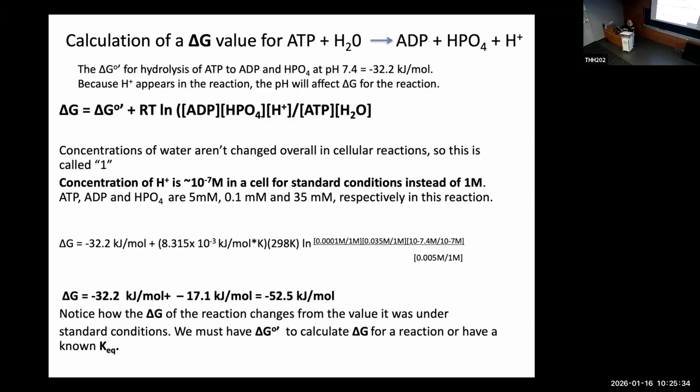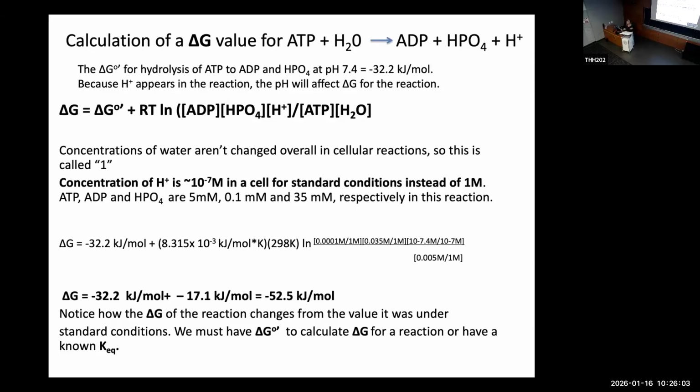Standard state conditions were such that pH is 7, and this reaction is happening at 7.4. So because we have a proton concentration, proton as one of the products, we need to deal with that. Most of our standard state conditions are 1 molar, but pH being 7, standard state for that is 10 to the minus 7 molar.